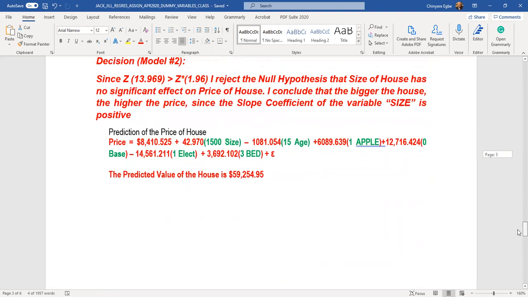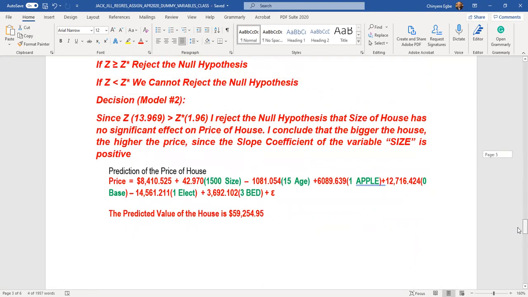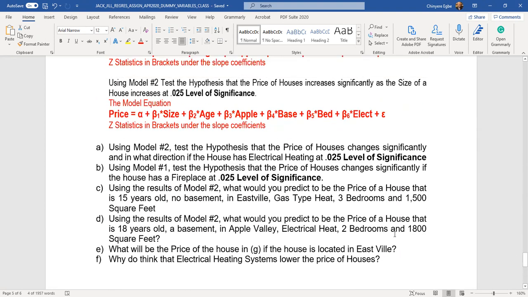So here you're predicting, let's look at here, the question: using the results of model 2, what would you predict to be the price of a house that is 15 years old, no basement in Eastville? So that's 0. Is that correct? All right. Gas type heat, 3 bedrooms and 1,500 square feet. So when you get to Apple here, when you plug in the numbers, this will be a 0.